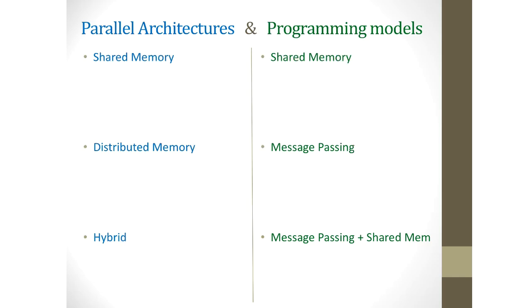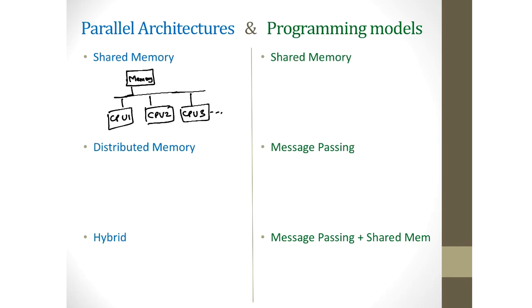So in shared memory architectures, what happens is that you have a memory unit, and this is accessible to multiple CPUs. So there's CPU 1, CPU 2, CPU 3 and so on.